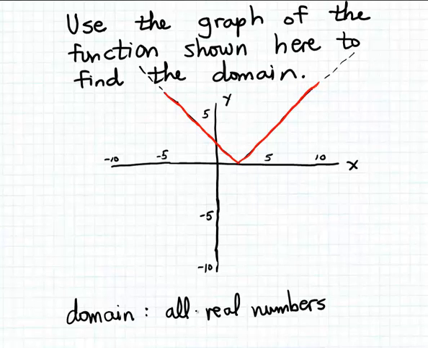Now, you can write out this domain, all real numbers, just in words, and that's probably the best way to write it out. You can also use some slightly improper mathematical notation and write this as an inequality, although that's not the preferred way of doing it.